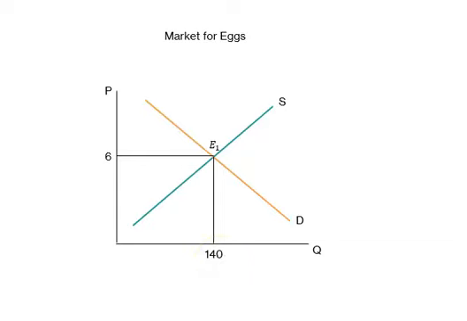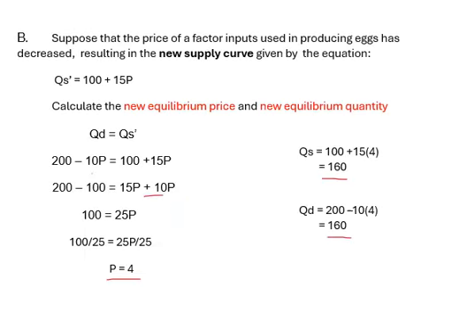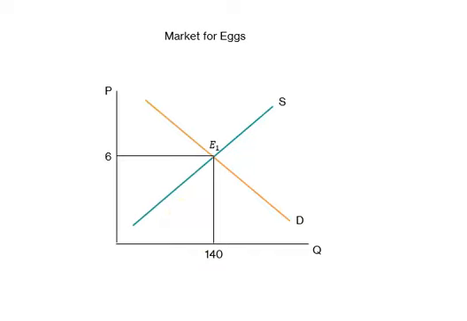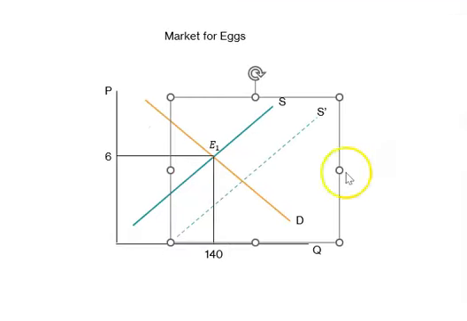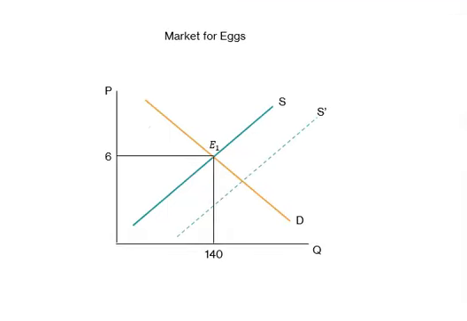And then when we plot our new price of 4 and quantity of 160, we know that a decrease in a factor input shifts the supply curve to the right or downward, increasing quantity supplied to 160. And as quantity supplied increases, price decreases to 4.